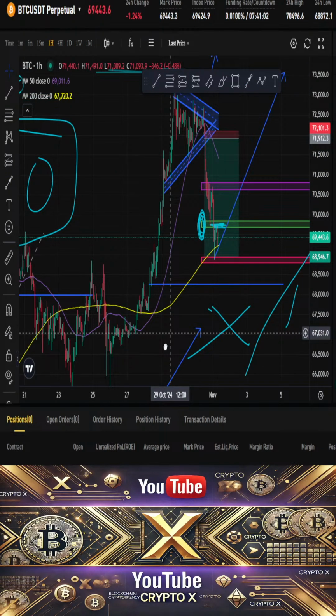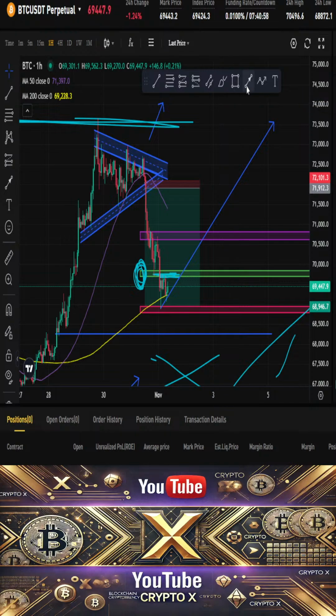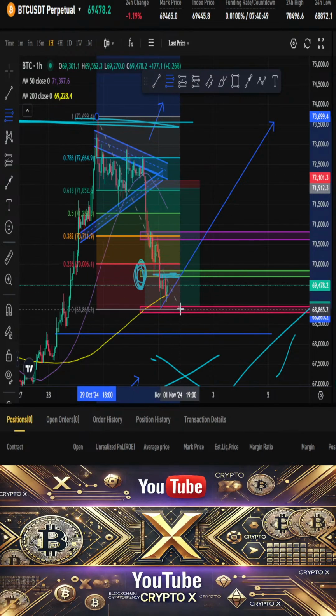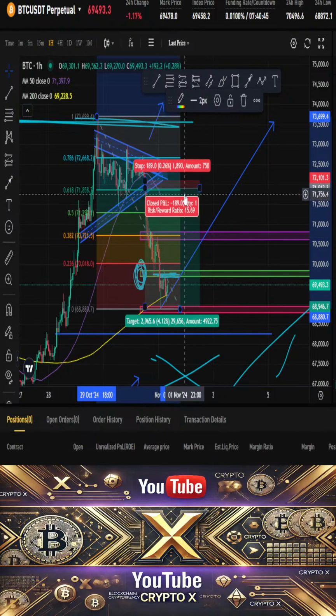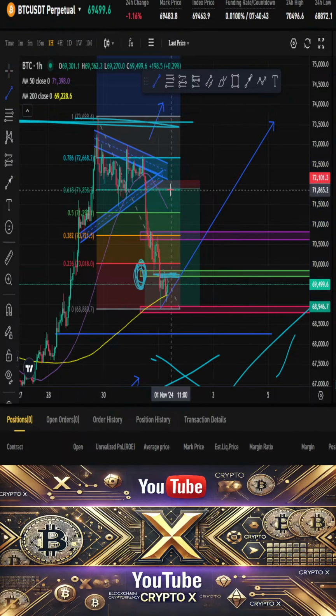First, here also, we will grab the Fibonacci tool, and this is a downtrend, right? So this is the topmost point. This is the lowest point right now. Here is 0.318, 0.5, and this much.